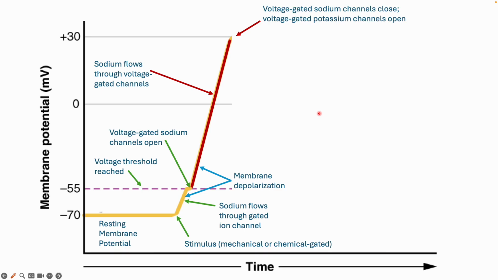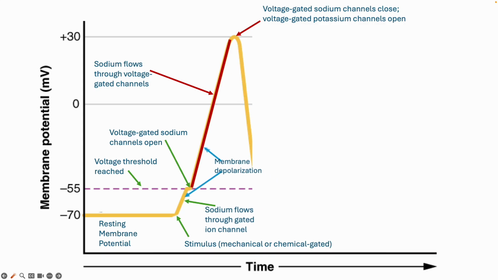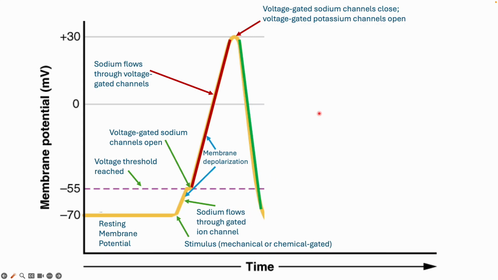This is when voltage-gated sodium channels will close, so sodium can no longer flow into the cell, but voltage-gated potassium channels open, meaning potassium can flow out of the cell. So now you have a positive charge going out of the cell, making the inside of the membrane more negative, leading to membrane repolarization as the potassium flows through the voltage-gated ion channels.